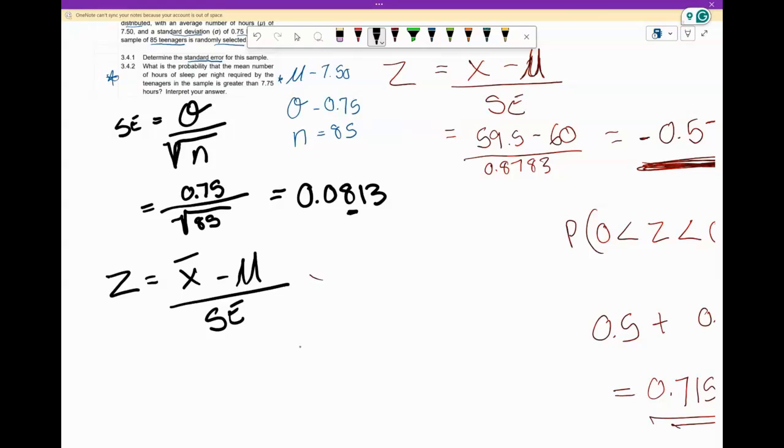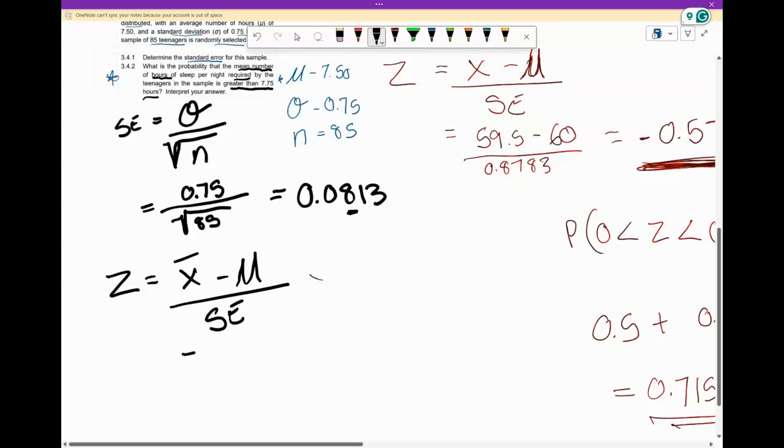Let's read the question. What is the probability that the mean number of hours of sleep per night required by the teenagers in the sample is greater than 7.75 hours. So can you see that is then the mean of the sample, the 7.75.